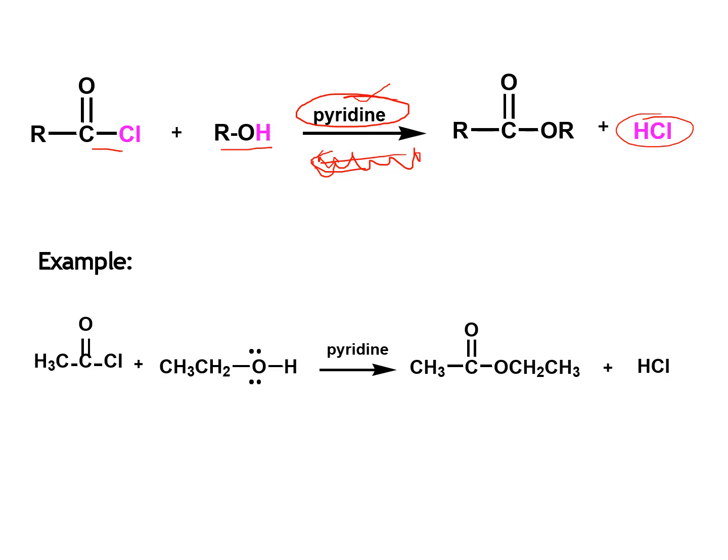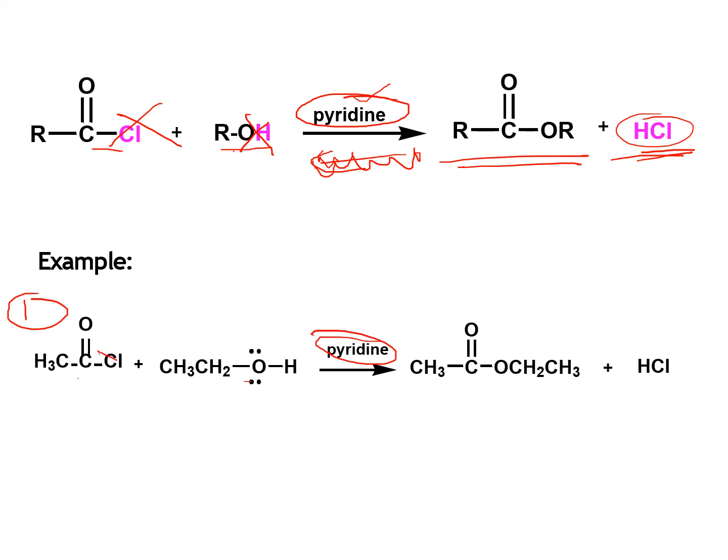Okay, kita nak elakkan. So the acid chloride will eliminate the Cl. The alcohol will eliminate the hydrogen to form HCl. So the place of Cl will be replaced by OR. So you form an ester. For example here, we have acid chloride, ethanoyl chloride, react with ethanol in pyridine.